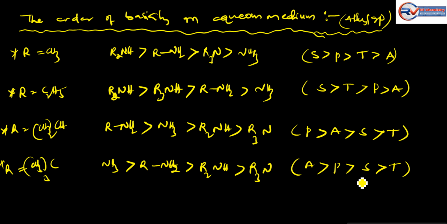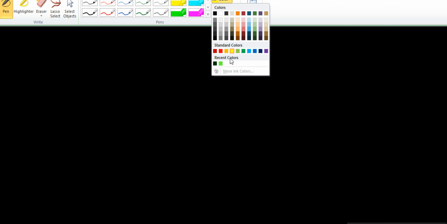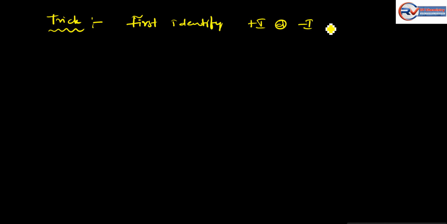Let's see the trick for the inductive effect: how to find stability and acidic strength for basic questions of inductive effect. Trick to identify acidic strength and basic strength of a compound. First identify the plus inductive effect groups or negative inductive effect groups. Plus inductive effect is an electron releasing group.